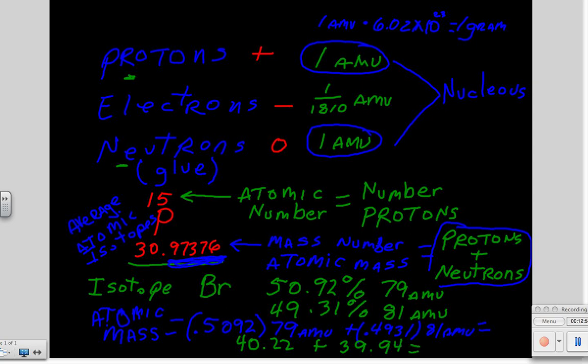That means that my answer for the atomic mass is 80.16 or thereabouts. So that's how you calculate the average atomic mass of an element.